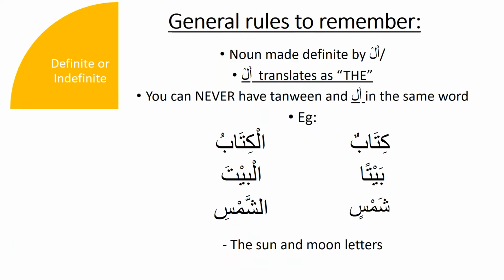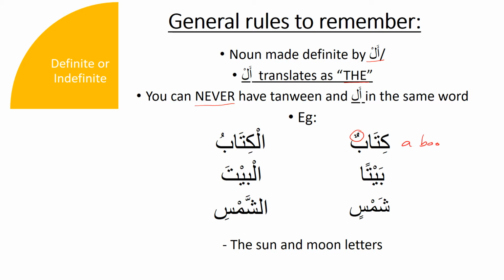Some general rules to remember about the definite or indefinite quadrant of these 4 characteristics is that nouns are made definite by alif lam or al, and we know that al translates as the. It makes the word definite. And you must remember that you can never have tanween and alif lam in the same word. If you look at these examples over here, we have kitabun as a tanween, and it means a book.